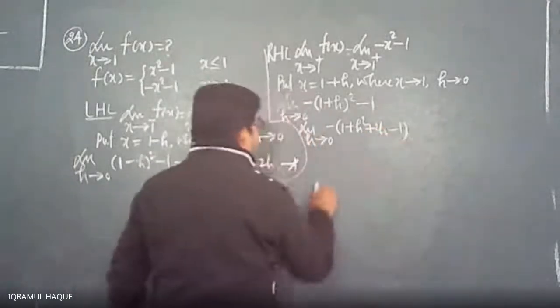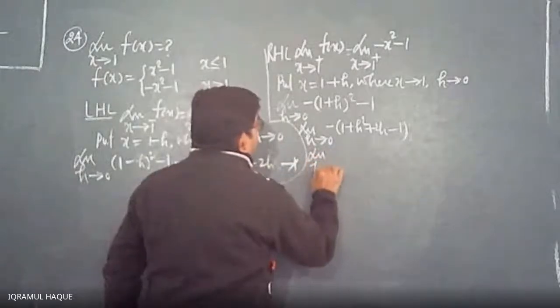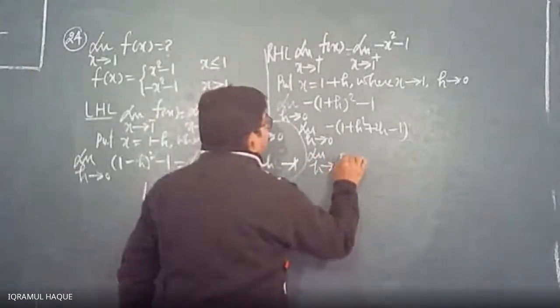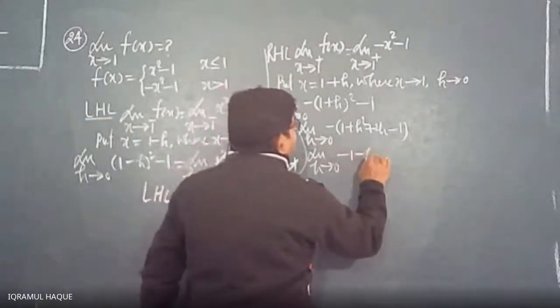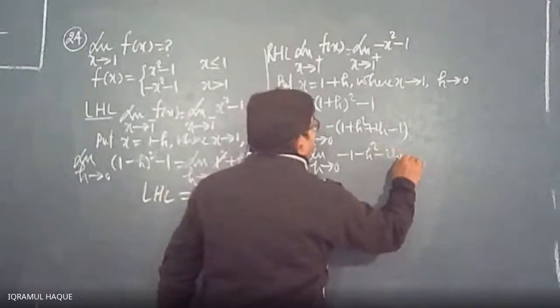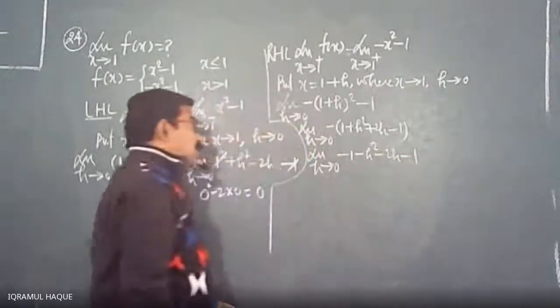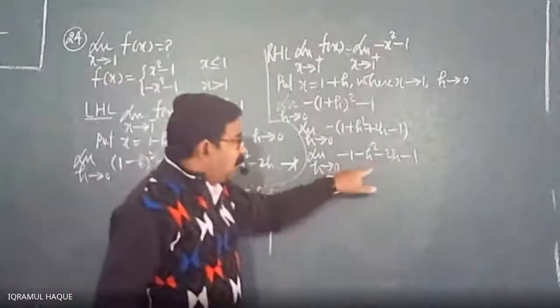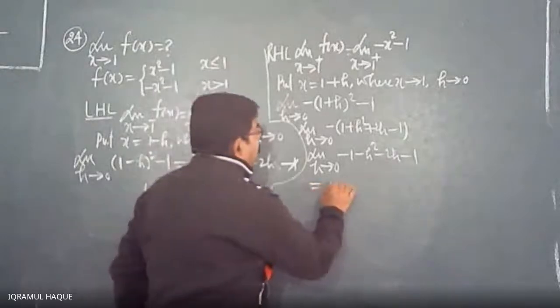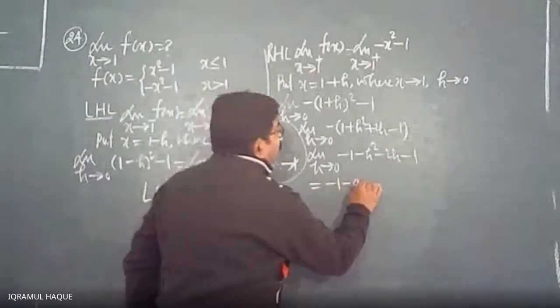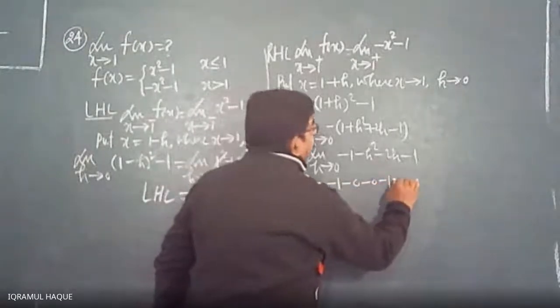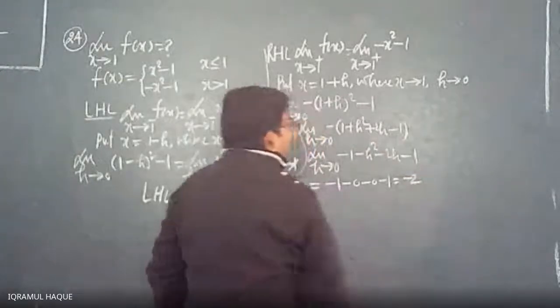Open the bracket: limit h tends to 0, minus 1 minus h square minus 2h minus 1. Now put the value h is equal to 0. So what we have? Minus 1 minus 0 minus 0 minus 1 is equal to minus 2.